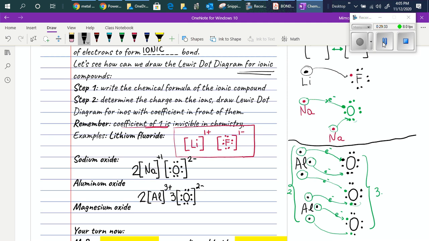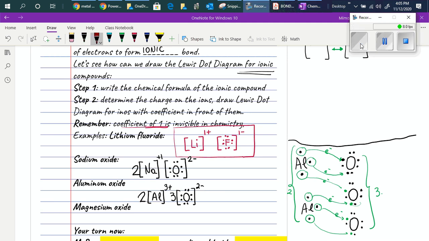So what do we have here for magnesium? I will erase this. So magnesium as an atom has 2 electrons in the outer shell, so 1 and 2. And oxygen as an atom will have 6, 1, 2, 3, 4, 5, and 6.